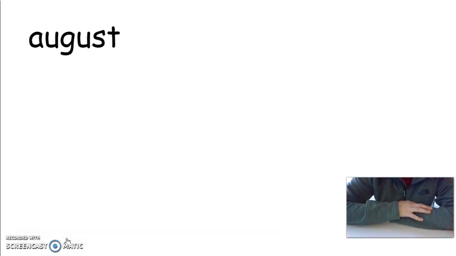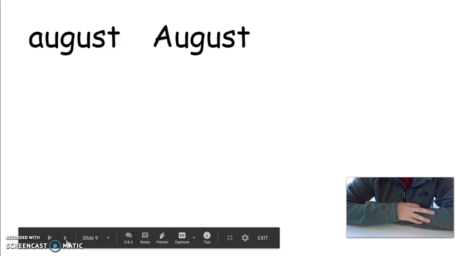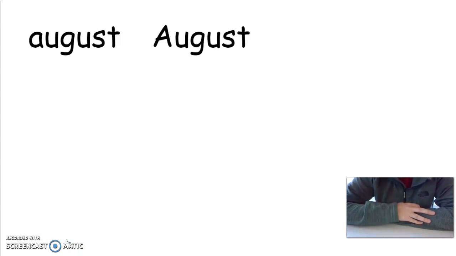August. And I know that there's one correction that I need to make to this word, so I'm going to write it once more on the line next to it, because I know that August needs a capital A because it's the name of a month. So I know that any name that I write has to start with a capital letter.